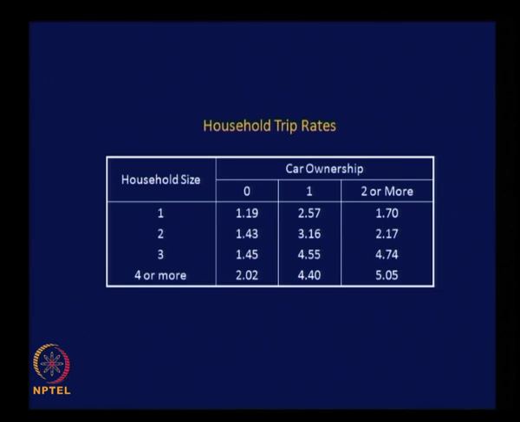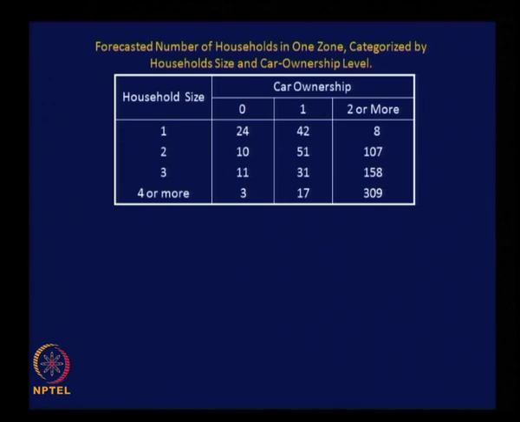Now our interest is to get zonal trip production rates. You take a particular traffic zone, one zone, and find out the actual number of households belonging to each of these categories. That can be easily found, isn't it?